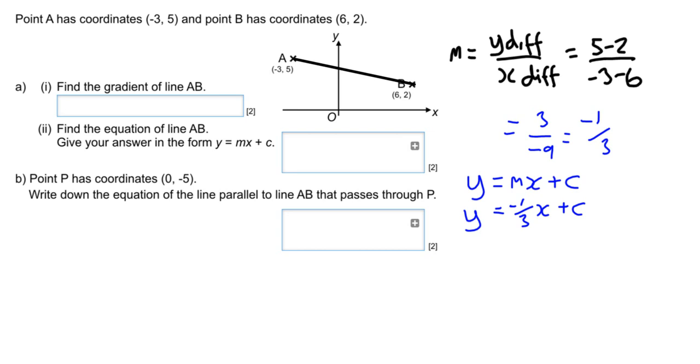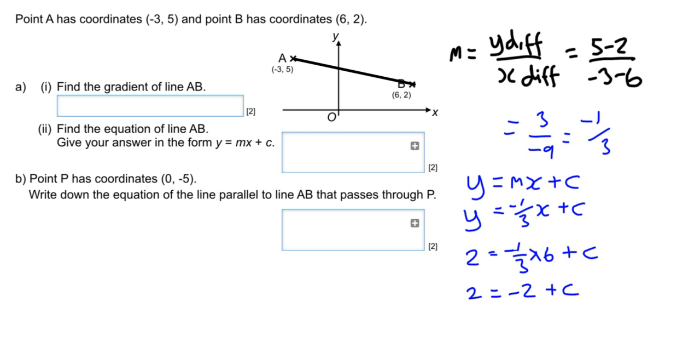So I can substitute in that 2 is -1/3 times x, which is 6, plus c. And if I do that, I get 2 equals -1/3 times 6. Well, 1/3 of 6 is 2, so that's -2 plus c.